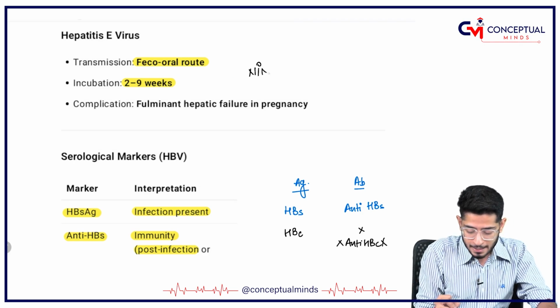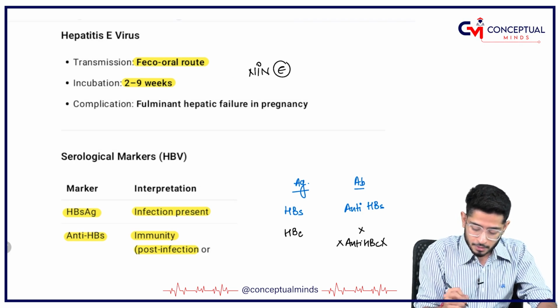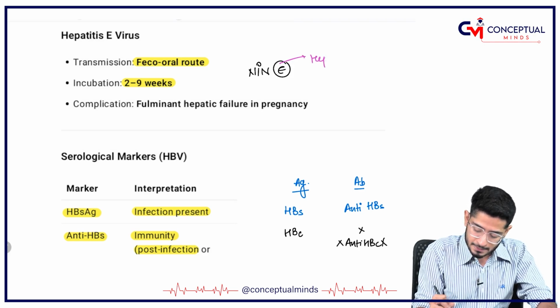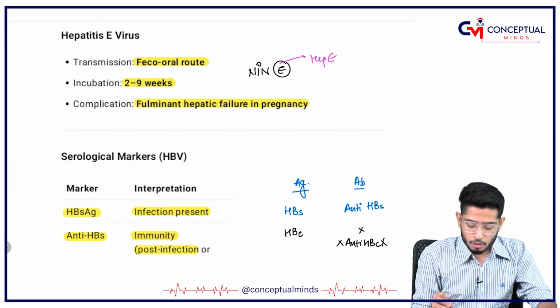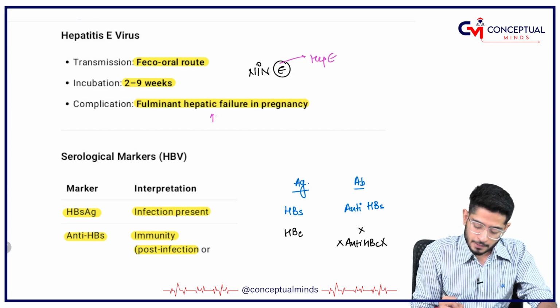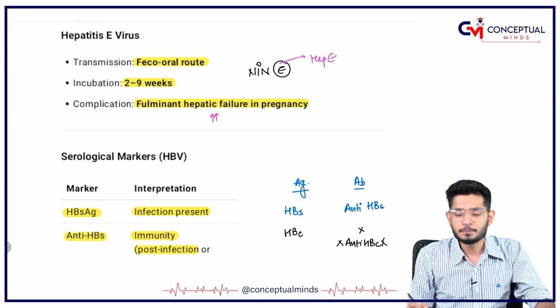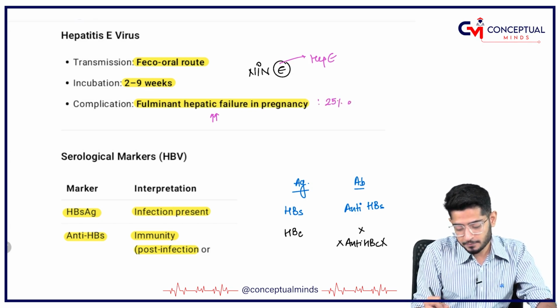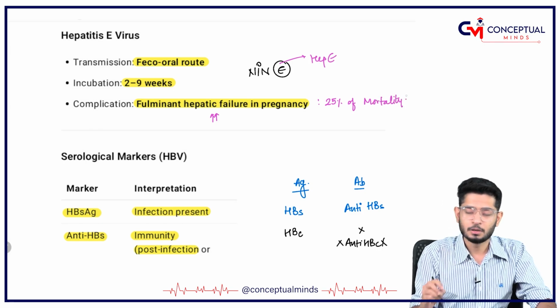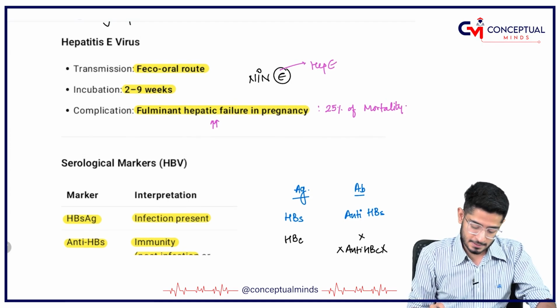Hepatitis E is important because it is known to cause the complication of fulminant hepatic failure in pregnancy, which is responsible for 25% mortality in pregnancy.